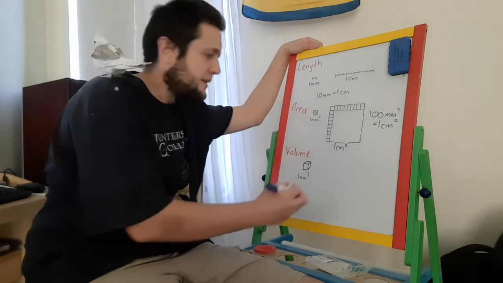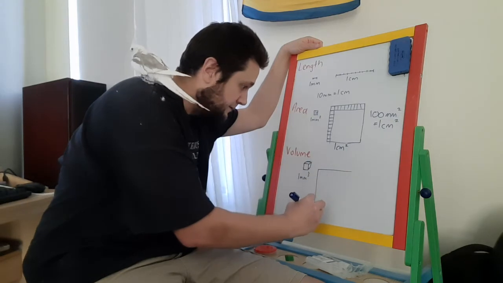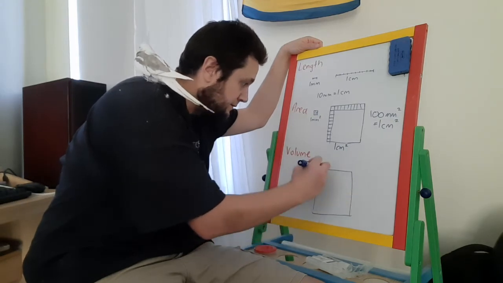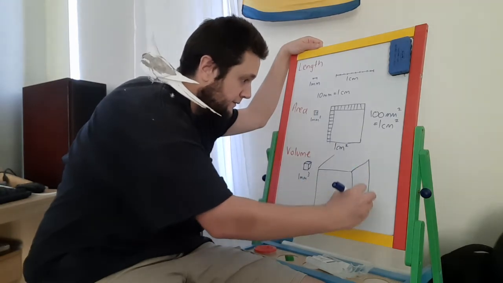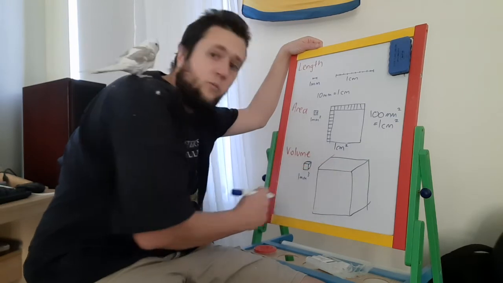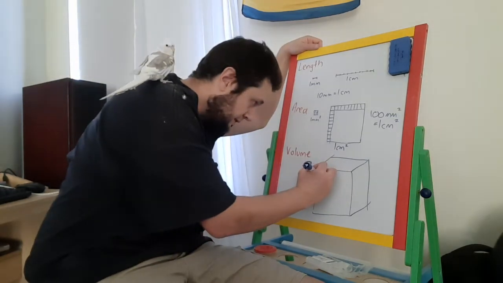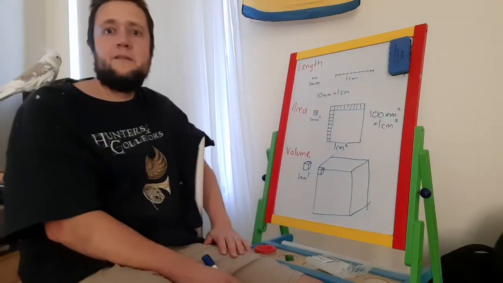What does that mean 1 centimeter cube is going to look like? Different. Right? 1 centimeter in each direction. So the question then is, how many of those little millimeter cube blocks are going to fit in here?